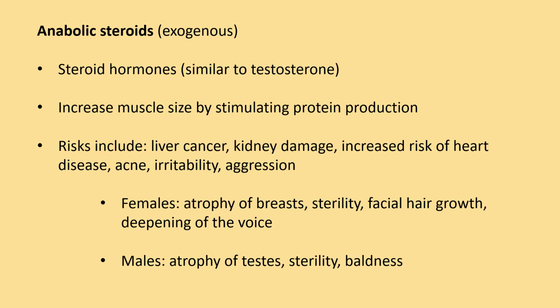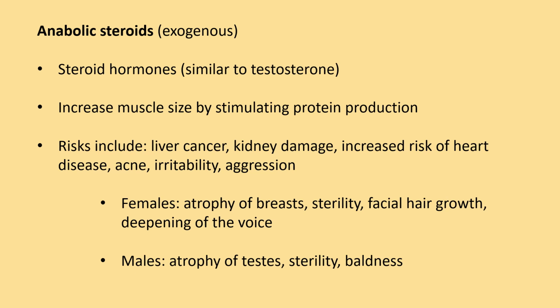And so they are abused by athletes. Abused is a strong word. They are used by athletes as performance enhancing drugs because they can increase muscle size and increase muscle strength by increasing muscle protein production, so myosin, actin, and the others.